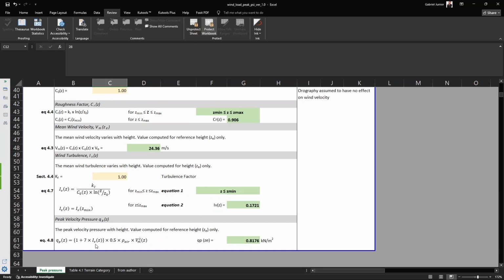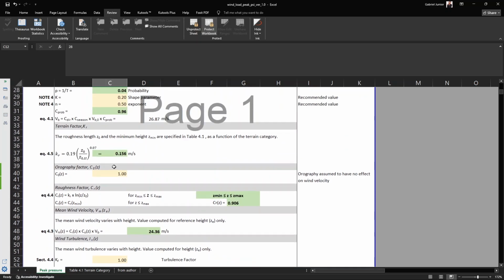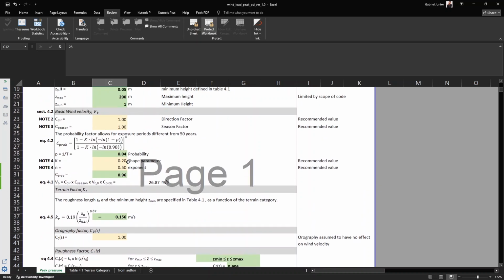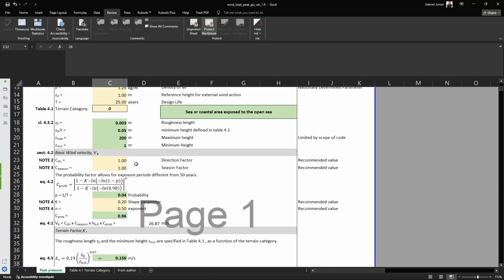So you notice here we have one coefficient here, then we have this VM, which I talked about, which is the mean wind velocity. Then the IV, that is the coefficient accounting for wind turbulence. So in order to compute these two, now is where we begin from here. The roughness coefficient given by equation 4.5. So it's computed from these values here.